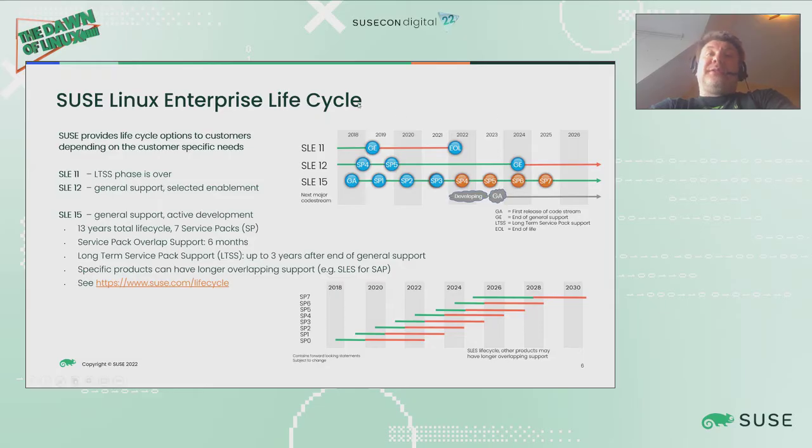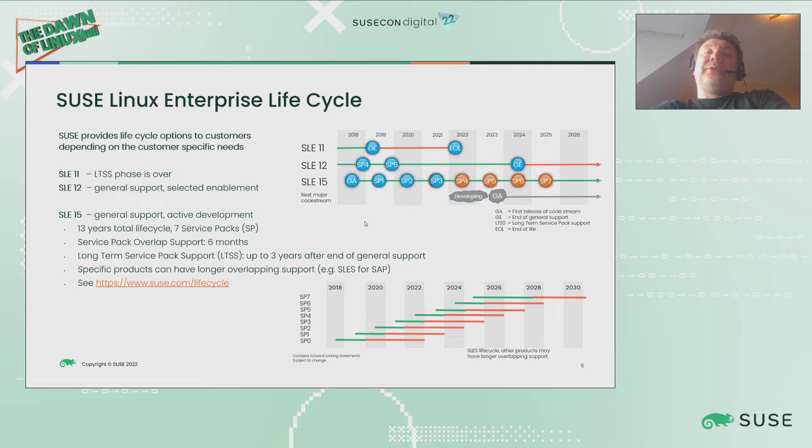If we look at the SLE 15 life cycle in the bottom right, you can see the green line is representing the general support, and the red line representing LTSS, long-term service pack support. It's 3 years of additional support after the standard support is over.